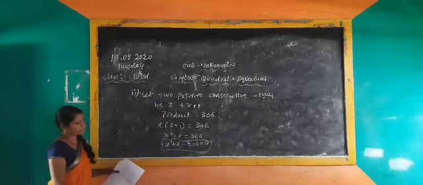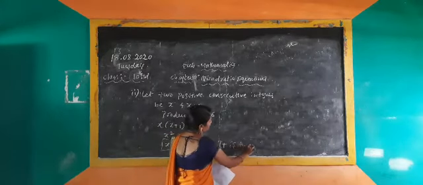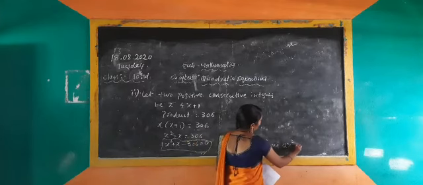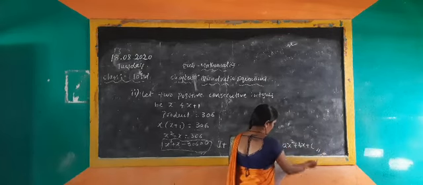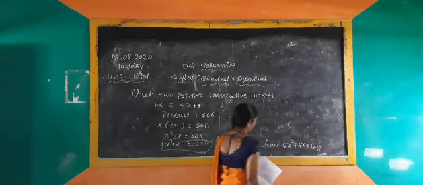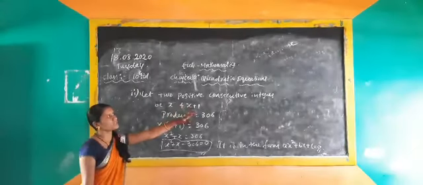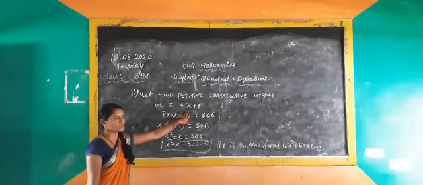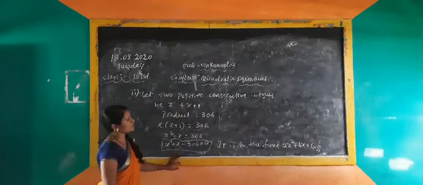What is the form of a quadratic equation? It is in the form ax square plus bx plus c is equal to 0. Okay, write this down. The easy part is that consecutive integers is very important. That's why I have taken x and x plus 1. They said positive, that's why I have taken it like that.